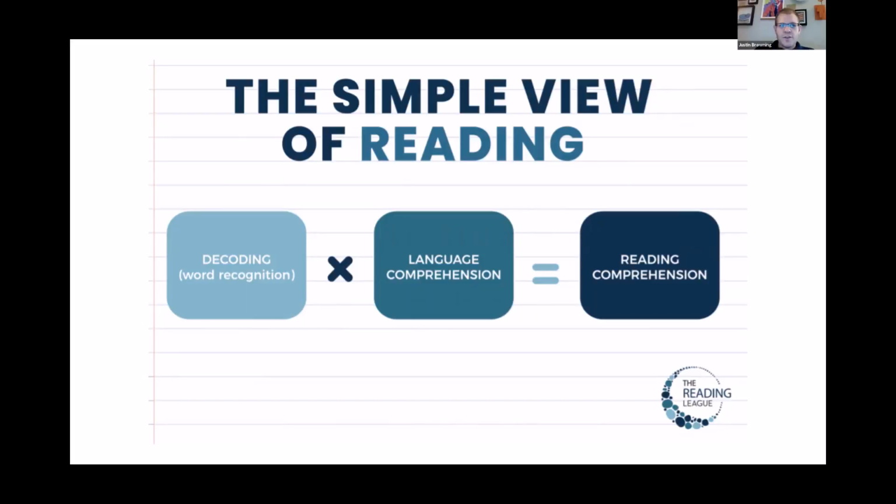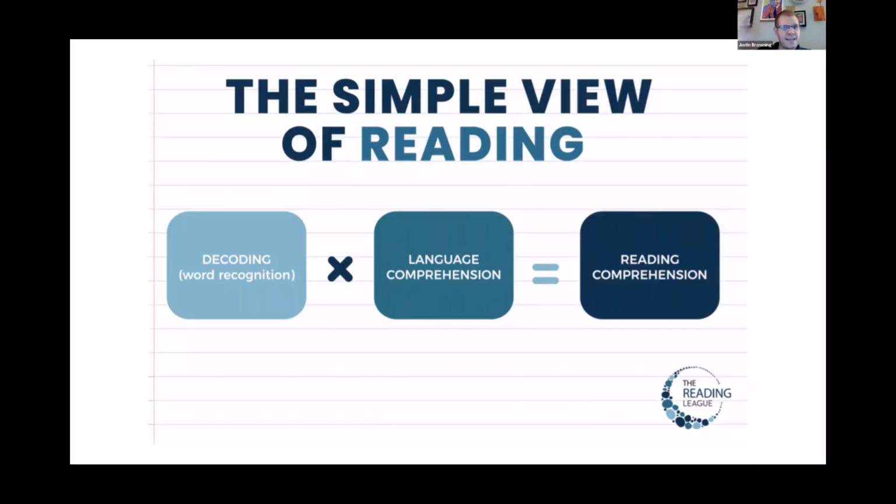The product is reading comprehension, and the two factors are decoding, which is word recognition, and language comprehension. So the product of us being able to decode and then multiplying that with our language comprehension, meaning I can understand things just in oral language, that I have a strong grasp of language concepts, those things together lead to reading comprehension.